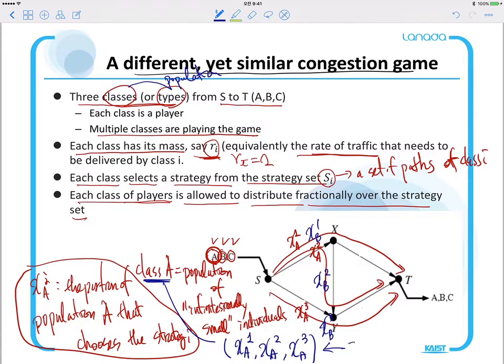This is the strategy of class A, right? And we can have a strategy of class B and C and so on. It's exactly the same thing, because if we normalize by this mass, or suppose that the mass is 1, then this is nothing but a mixed strategy profile.